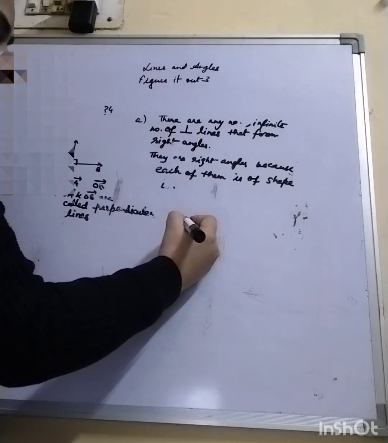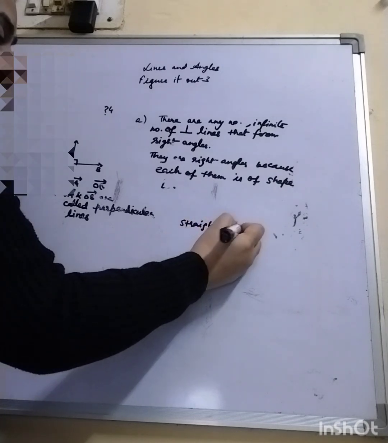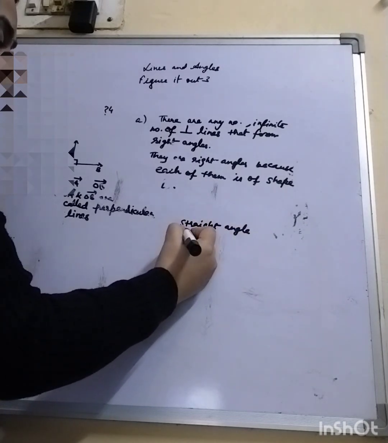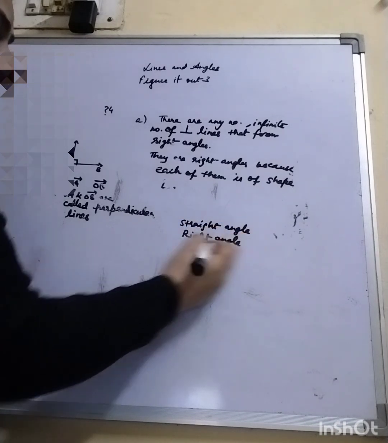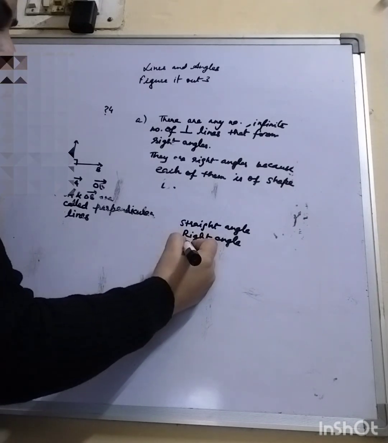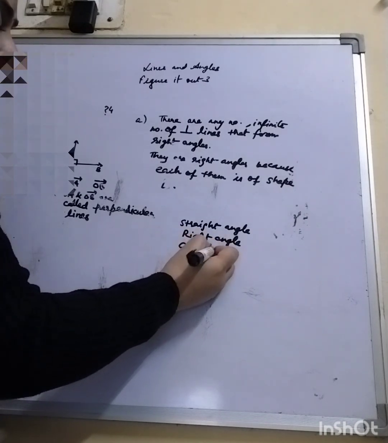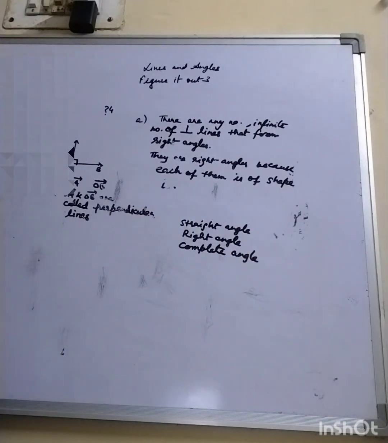These are, one is straight angle, one is right angle, and another is the complete angle, which means you give a full turn to a cover book and that gives you a complete angle. So these are the few angles that you have already done.